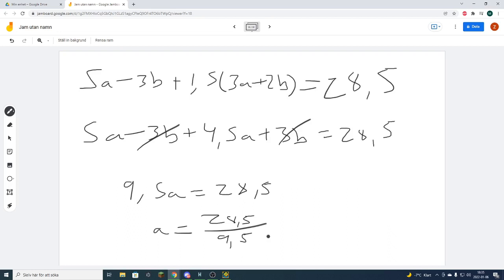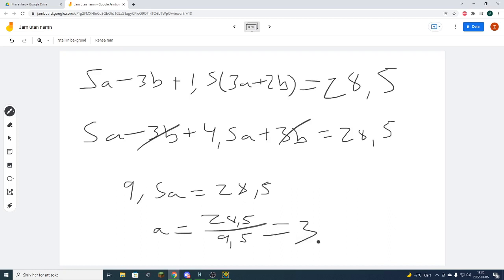I'm going to allow myself to use the calculator for that because I cannot be bothered to do it. I'm sure it turns out nicely. So 28.5 divided by 9.5, that's equal to 3.